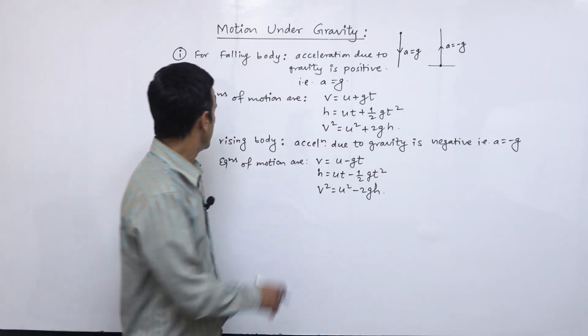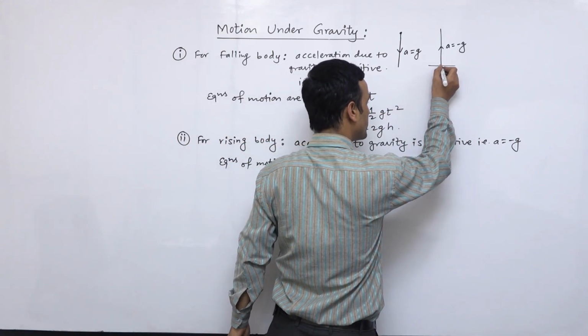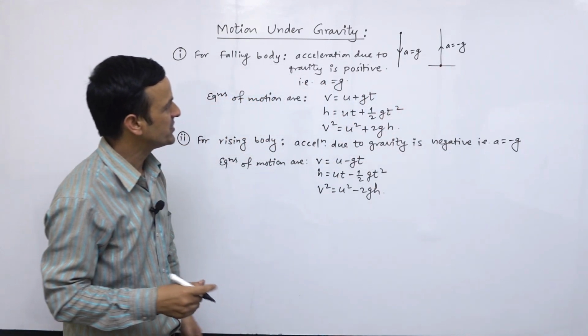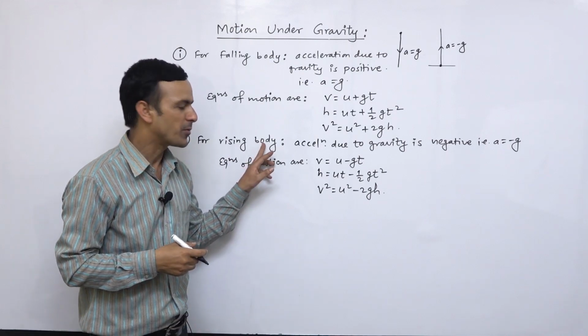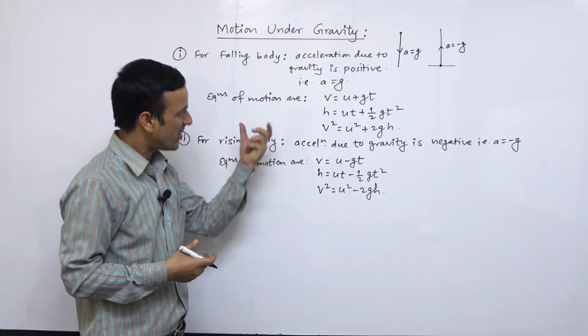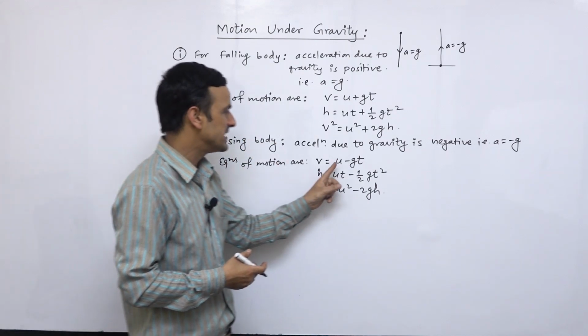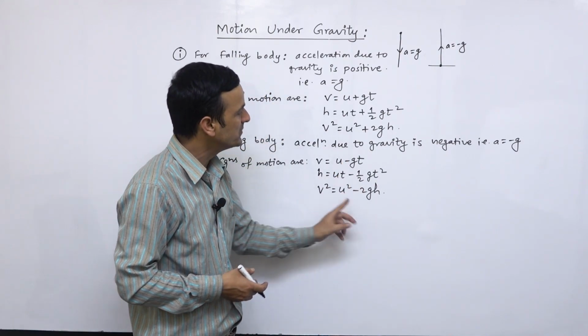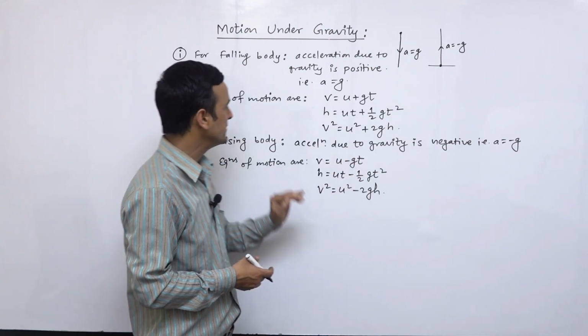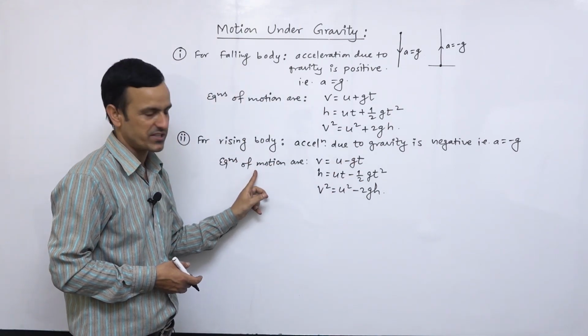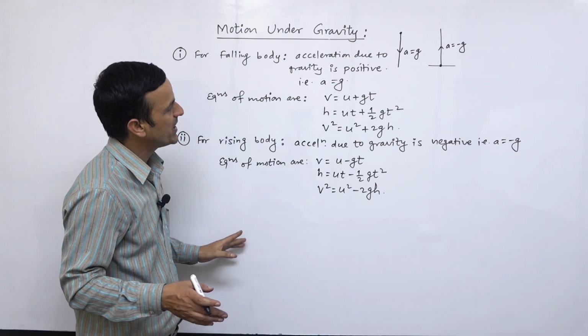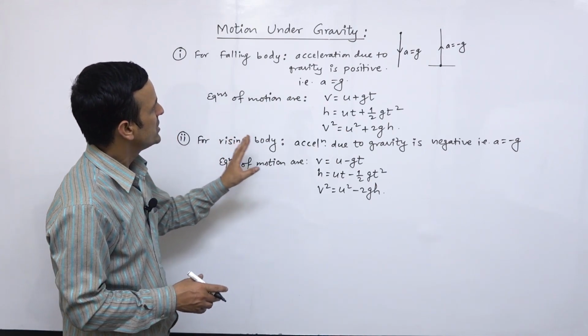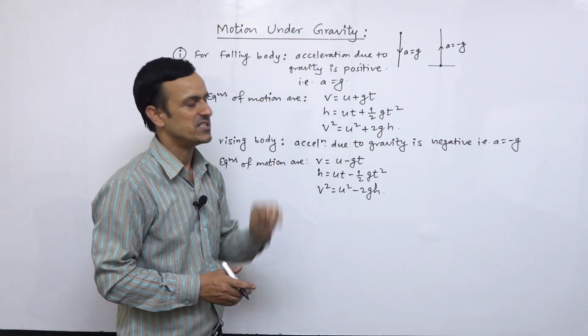And for a rising body, if it is projected upwards from any point of the earth, or the body is moving upwards against the gravity, then in this case we use the minus sign. So write plus sign or minus sign according to the condition of the question. In this way we can use the equations of motion under gravity.